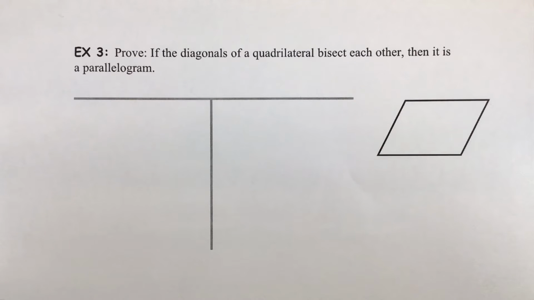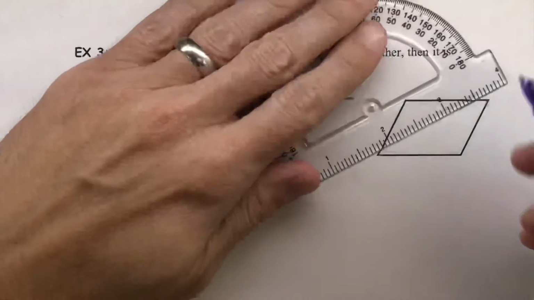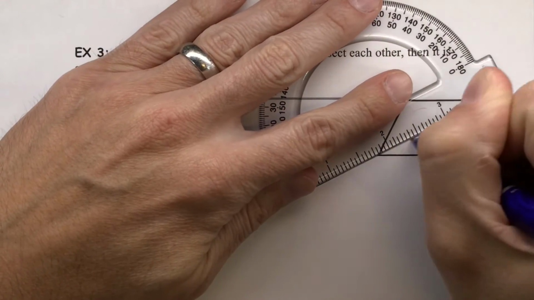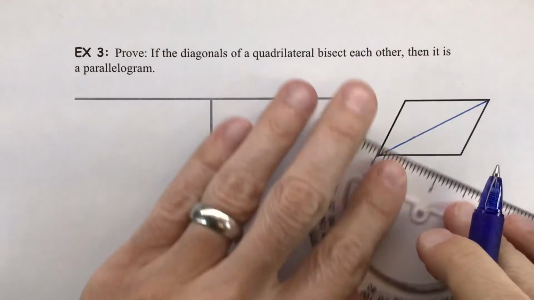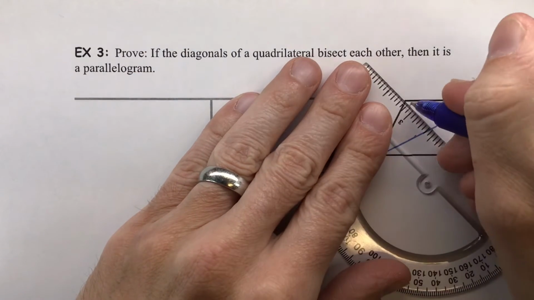All right, example 3, we're going to prove that if the diagonals of a quadrilateral bisect each other, then it is a parallelogram. All right, so let's go ahead and add in some diagonals here. Okay, so we've got that one, and we've got this one here.